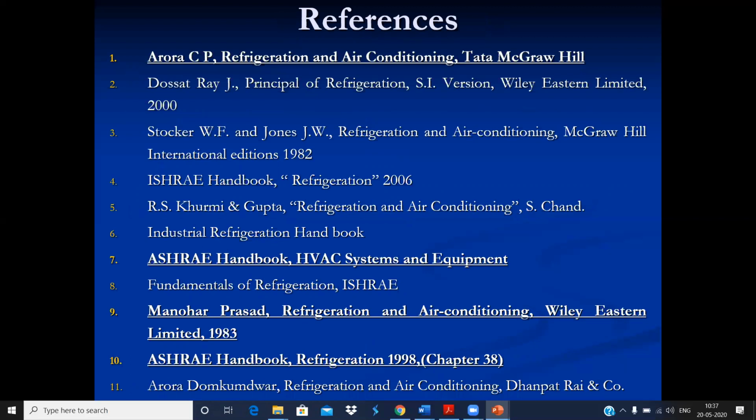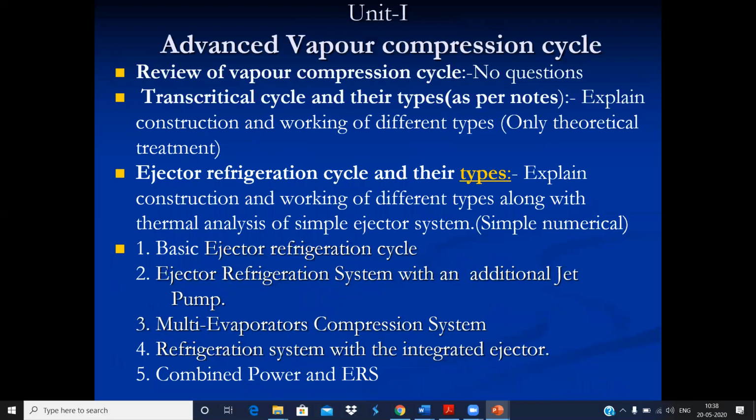Most of the data is collected from books like CP Arora, ASHRAE Handbook, HVAC Systems and Equipment, Refrigeration and Air Conditioning by Manohar Prasad, ASHRAE Handbook, Refrigeration 1998. So these are the books I have referred, and through these books I have collected the information and prepared the notes. Now we'll discuss each unit in depth, what about the contents of each unit.